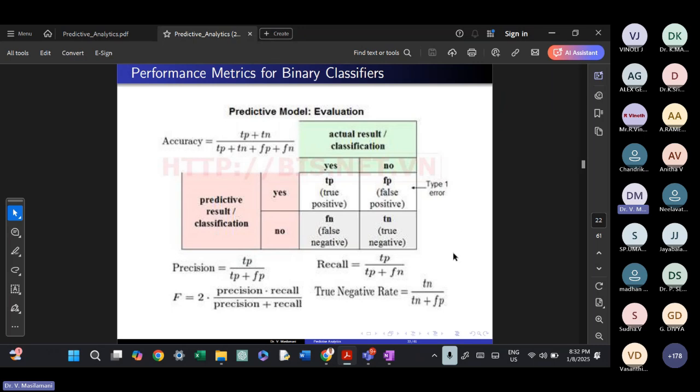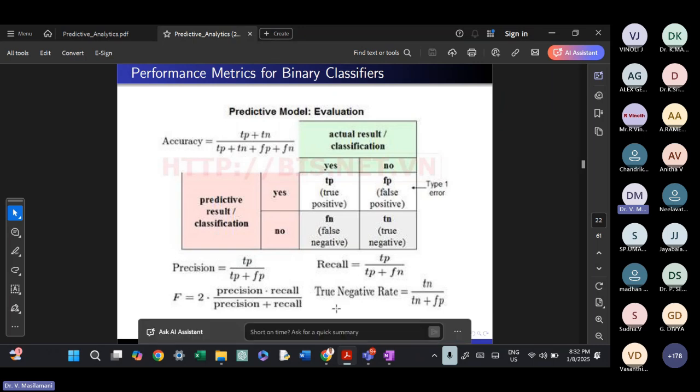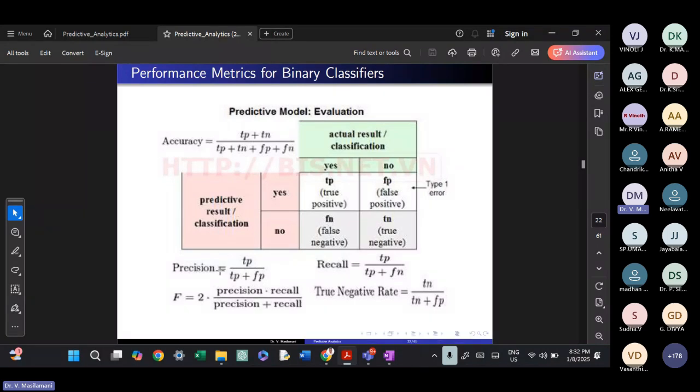For some applications, recall is good enough. And for some applications, both are required. That is where we need to use the F1 score, which is basically the harmonic mean of precision and recall. For instance, when the data set is unbalanced, as in our case, we have a small number of positive samples and so many negative samples, right? Unless the recall is good, the model cannot be called a good model.